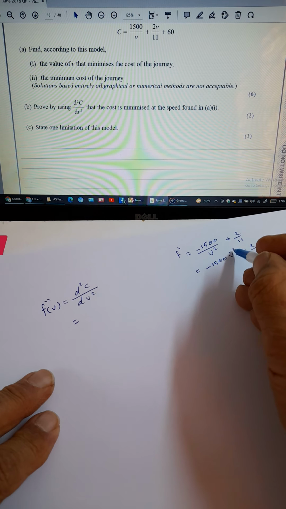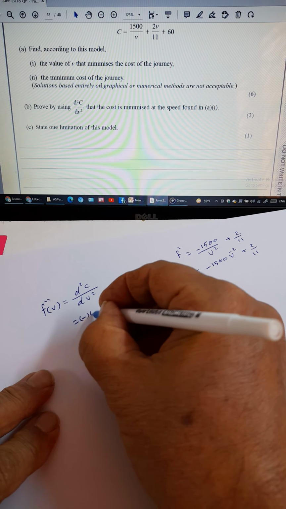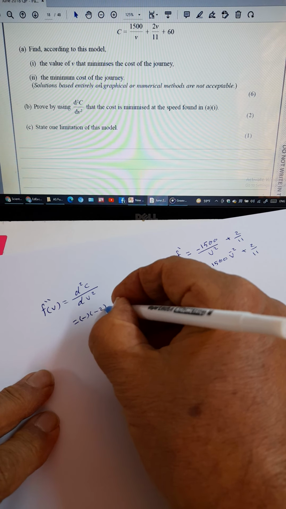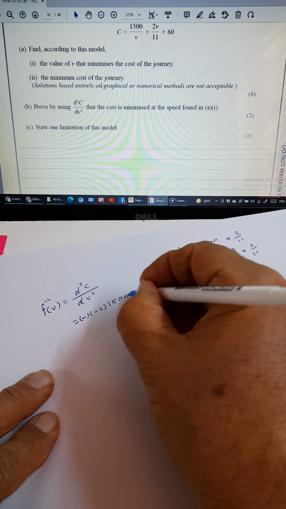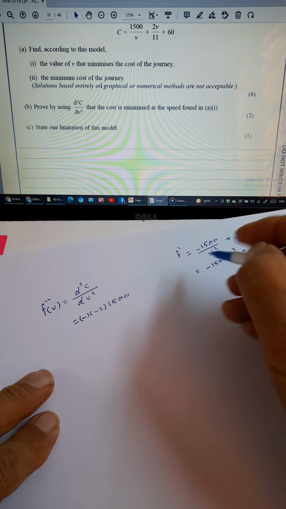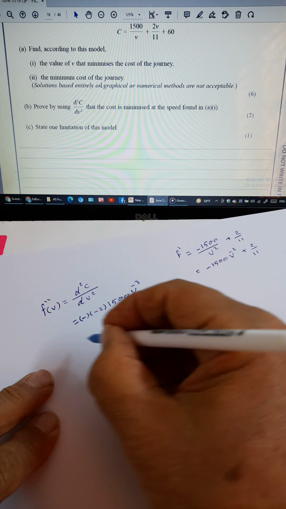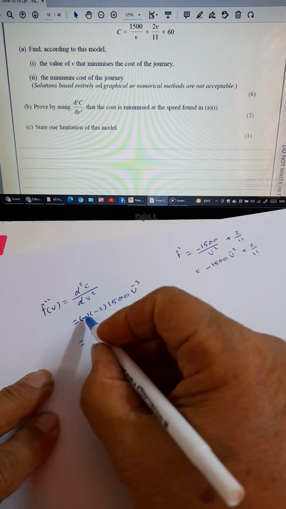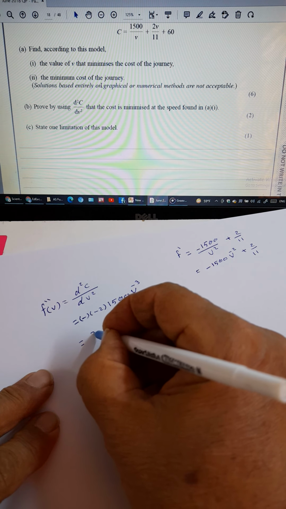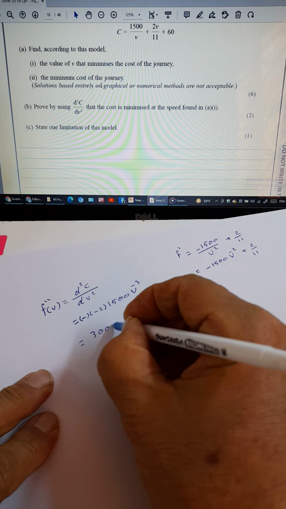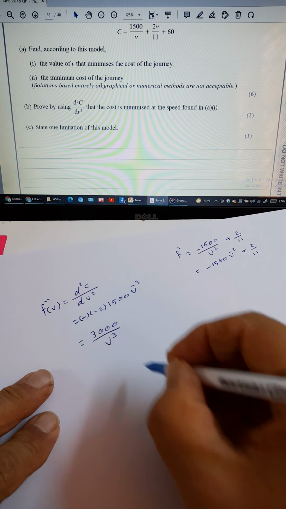So we take this power, minus times minus 2, and decrease the power by 1, so it becomes V to the minus 3. This is positive, and this is 3000 over V cubed.